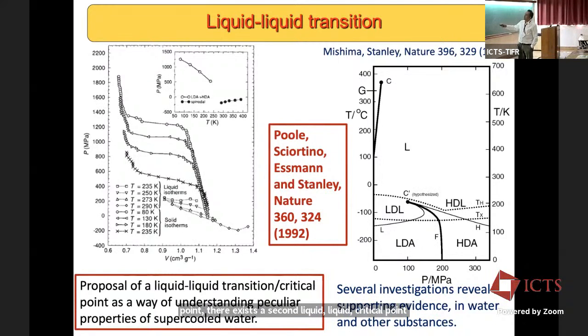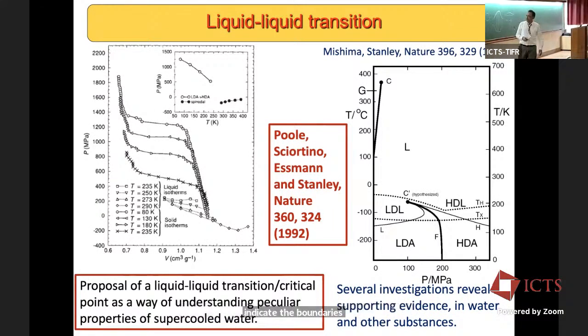But unfortunately, this is under conditions where the lifetimes are fairly small, so the dashed lines here indicate the boundaries within which crystallization kinetics is very rapid. And that makes it difficult to obtain direct experimental evidence.